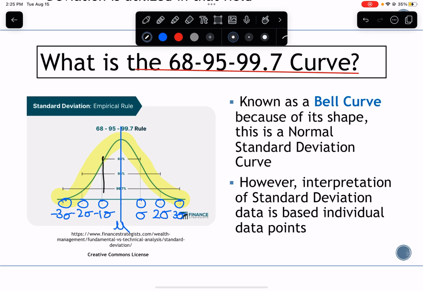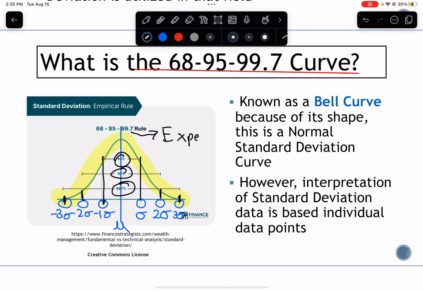Between -1 standard deviation and 1 standard deviation, you can find approximately 68% of all the data points. Between -2 and 2 standard deviations, you find 95%. And between -3 and 3 standard deviations, you could find 99.7%.